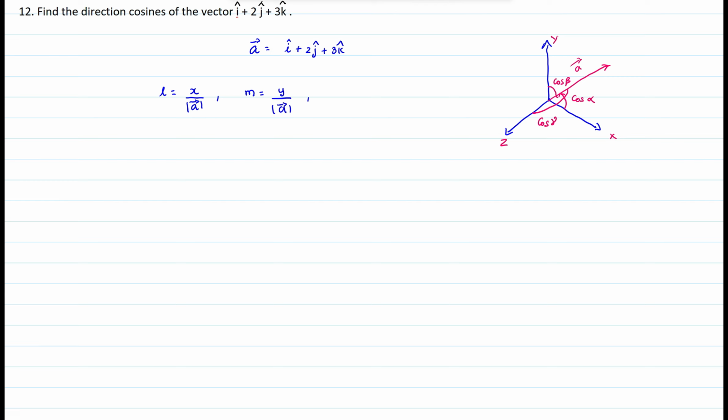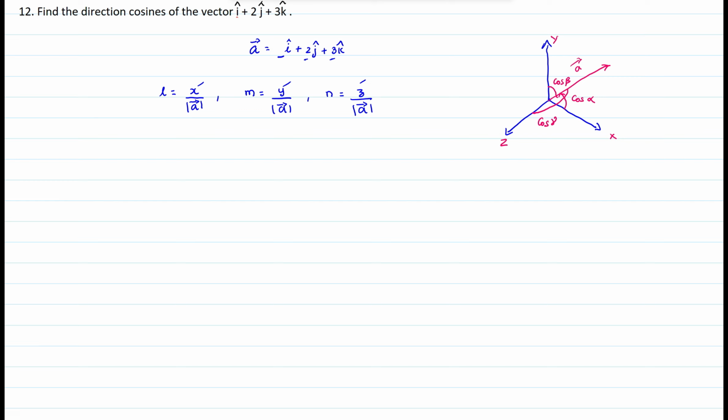And for the z-axis, n is equal to the value of the z coordinate divided by the length of a vector. Here x, y, z are basically the coefficients of i cap, j cap and k cap, which are 1, 2 and 3.